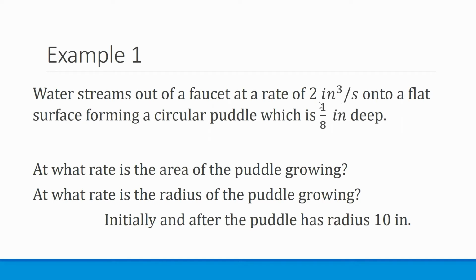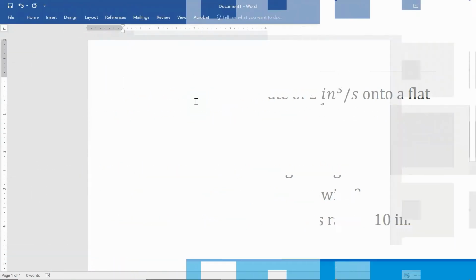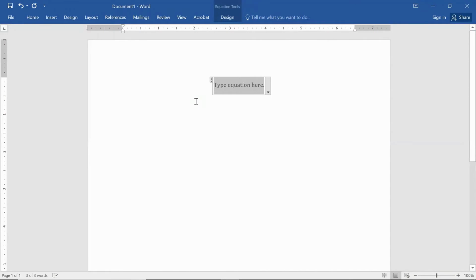So we need to start out thinking about the formula for the volume of a circular puddle. Now, the volume of a puddle, this puddle is circular with a depth of 1/8 inch. That means this is the volume of a cylinder, a very shallow cylinder, but it's still a cylinder.